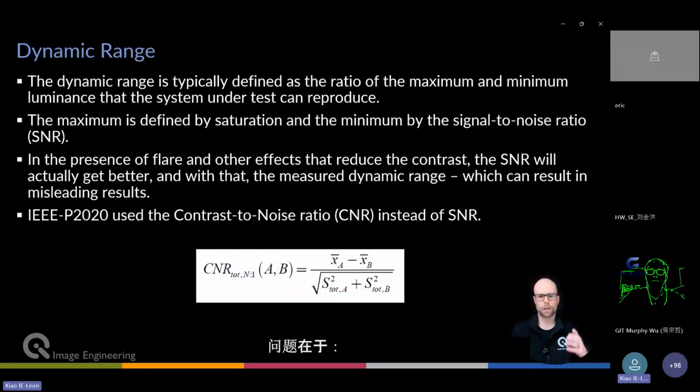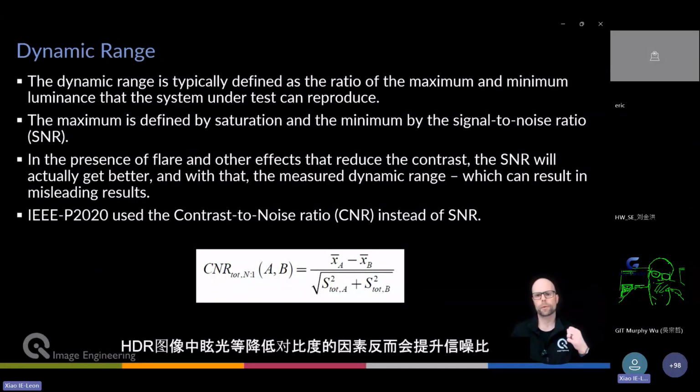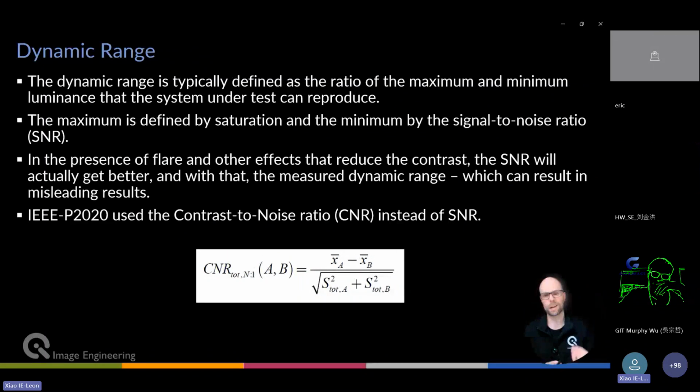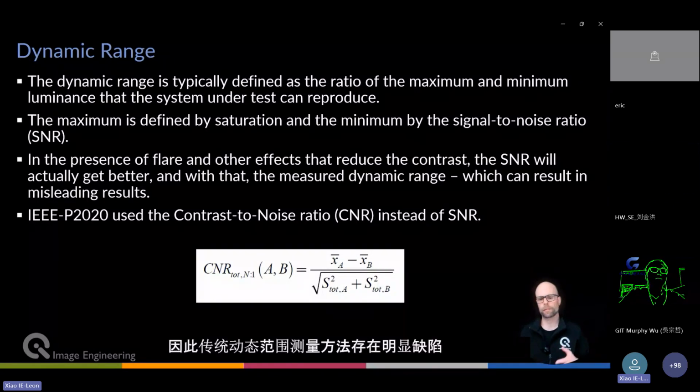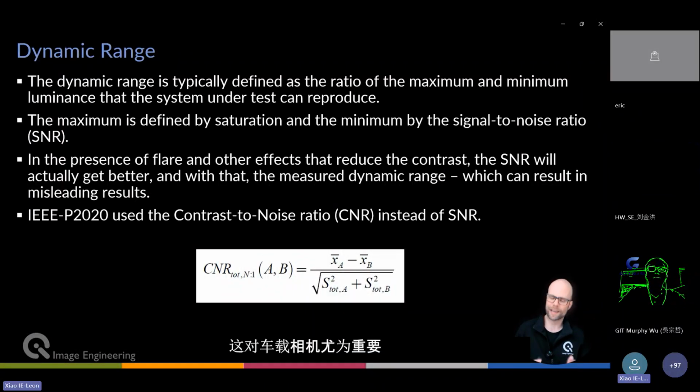The problem is, if you have, for example, flare or other effects that reduce the contrast, which you can easily have in HDR images, the SNR will actually get better. And therefore, your measured dynamic range also gets better. And that can lead to misleading results. So that means that the traditional way to measure dynamic range has its challenges, to say the least, for automotive-grade cameras.